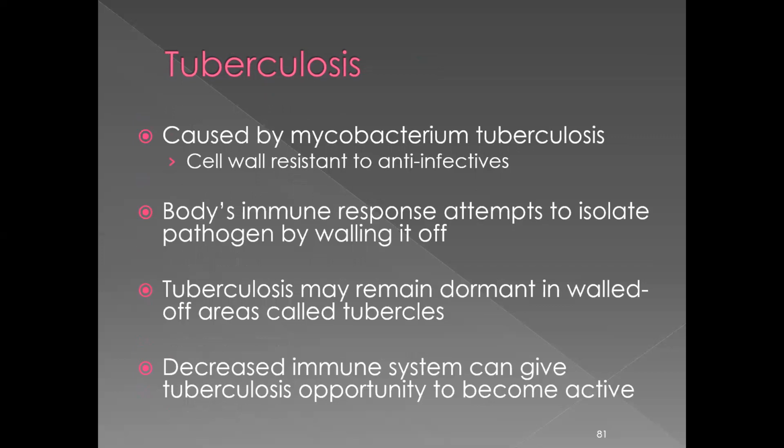Tuberculosis may remain dormant in that walled off area, which is called a tubercle, and that may happen for a long time before it becomes active. So as soon as their body has a decreased immune system, that gives the tuberculosis an opportunity to become active.